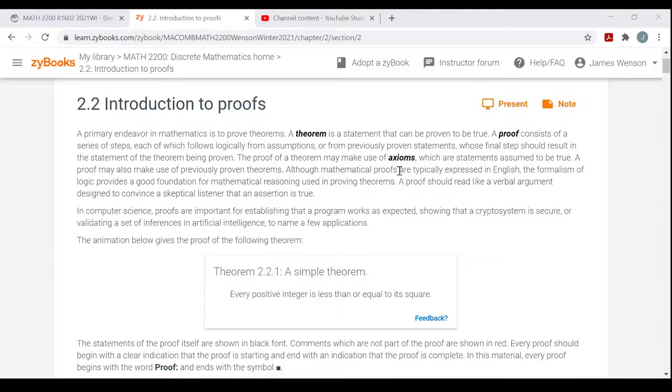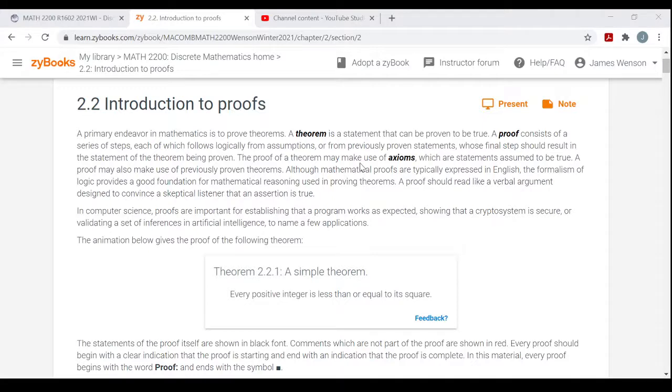Although mathematical proofs are typically expressed in English, the formalism of logic provides a good foundation for mathematical reasoning used in proving theorems. A proof should read like a verbal argument, designed to convince a skeptical listener that the assertion is true. So you do have to keep in mind who's reading your proof.